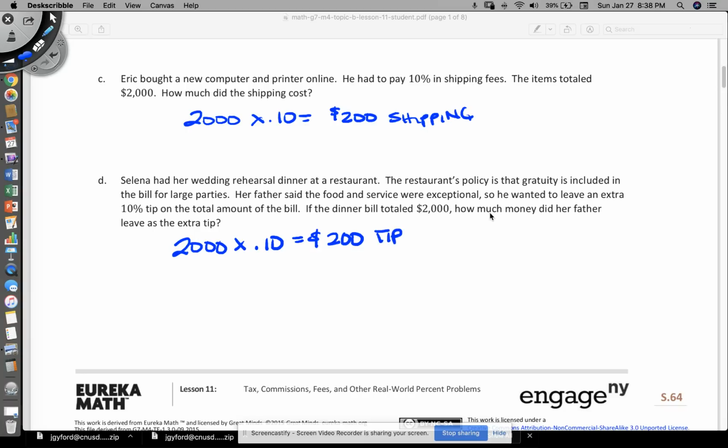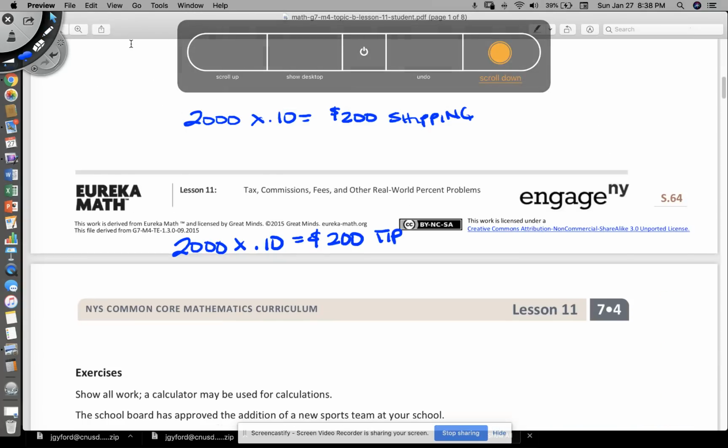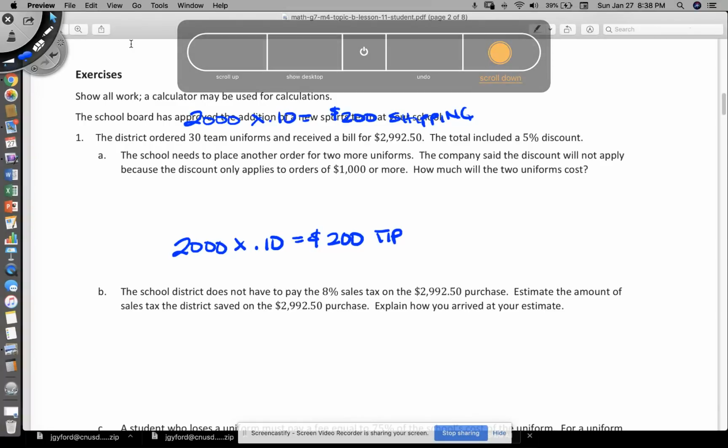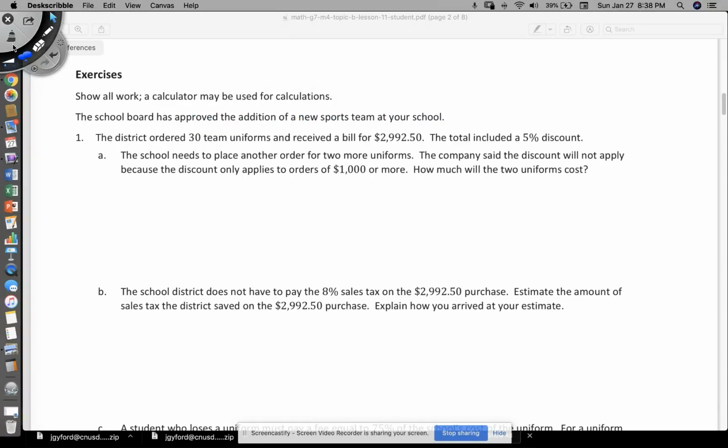All right, let's go ahead and go to the exercises. The school board has approved the addition of a new sports team at your school. The district ordered 30 team uniforms and received a bill for $2,992.50.